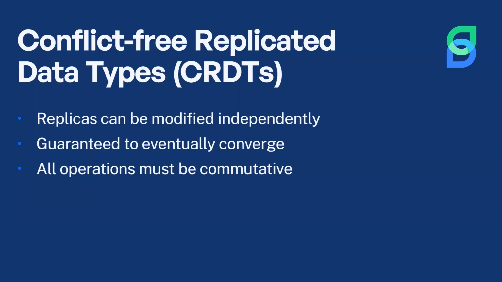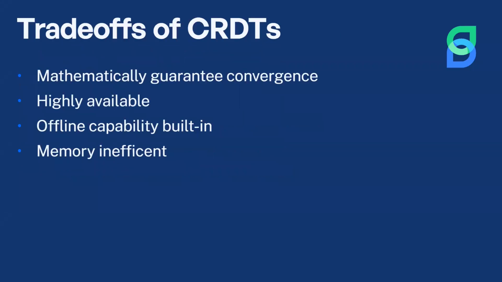And the way CRDTs achieve this is by requiring these operations to be commutative, meaning that if an operation can be applied in any order, then you'll no longer have any conflicts. The advantages of CRDTs include their conflict-free nature and flexibility.